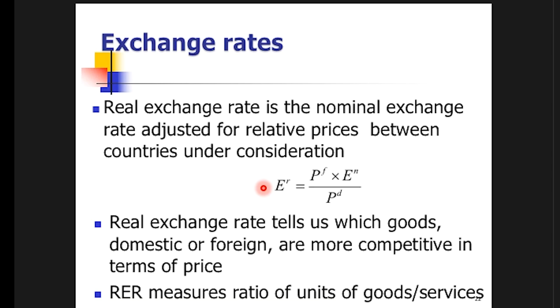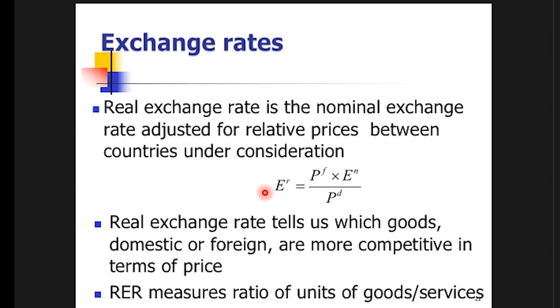So we can see that if 1 US t-shirt equals 2 Vietnamese t-shirts, the Vietnamese t-shirt is cheaper, or in other words, more competitive in terms of price, and Vietnam may export t-shirts to the US.